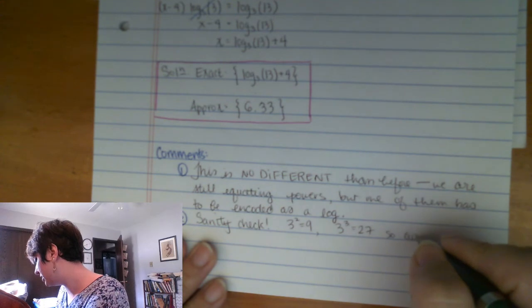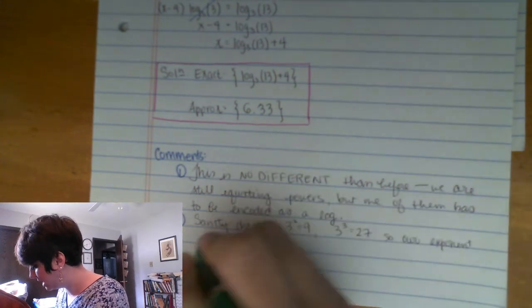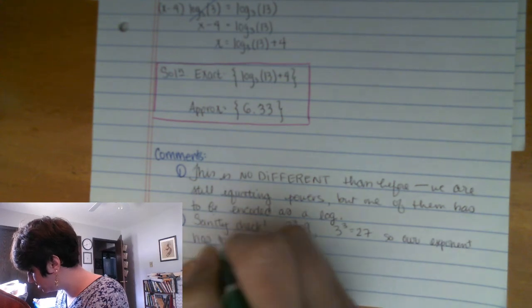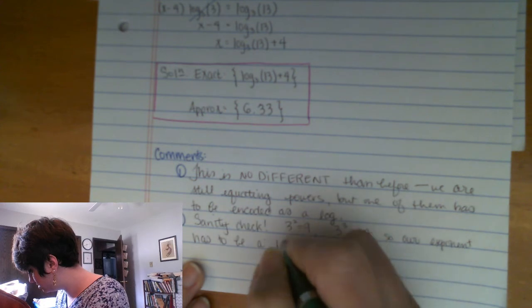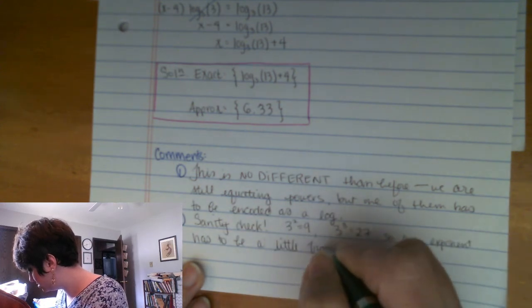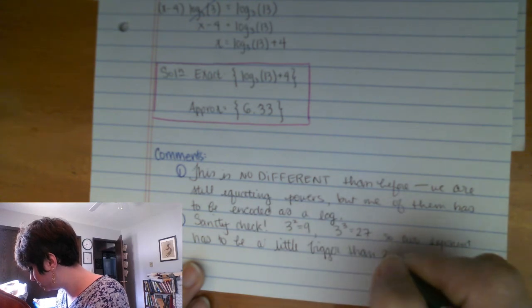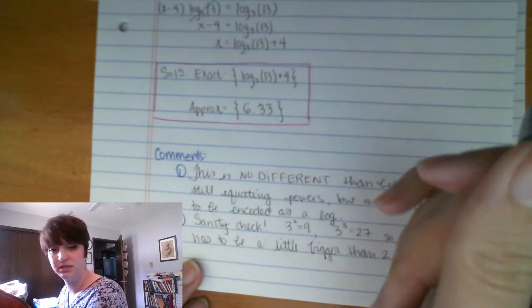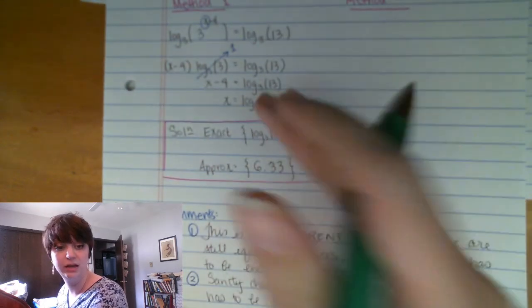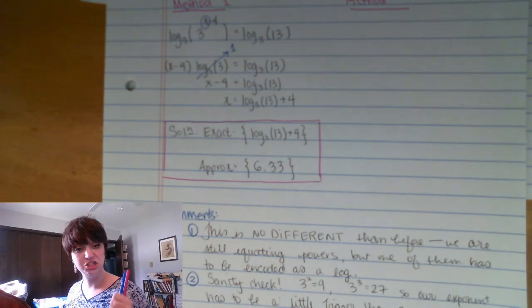So our exponent has to be a little bigger than 2, which it is. The solution for x is 6.33, which means when you plug it back in and you subtract 4, you have 2.33. So sanity check pass.